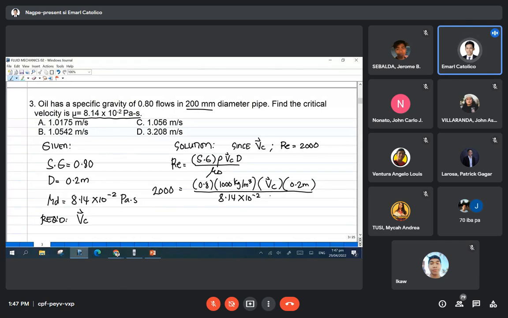The unit of Pascal is Newton per meter squared, then copy the second, so Newton second per meter squared.